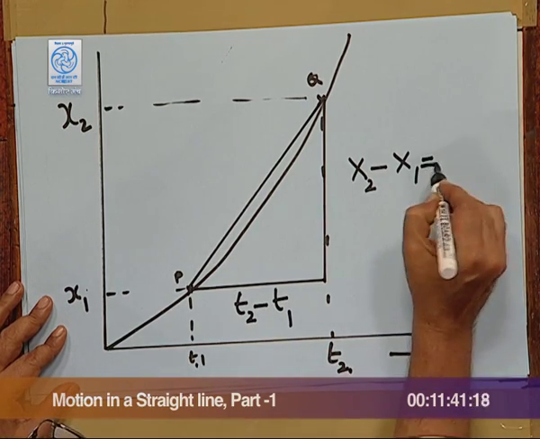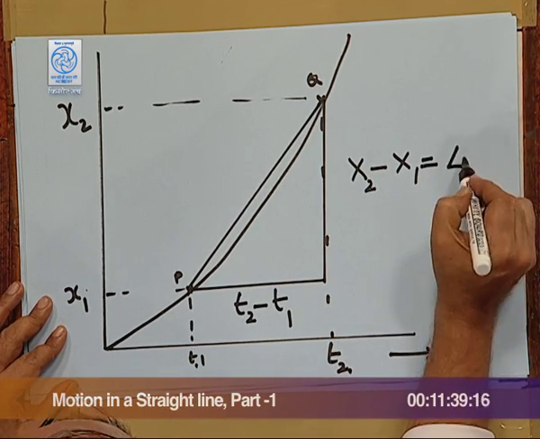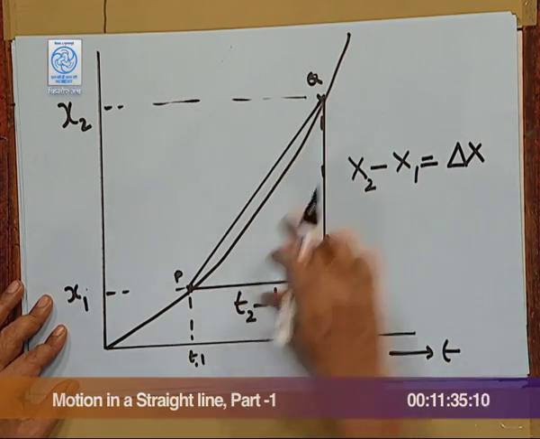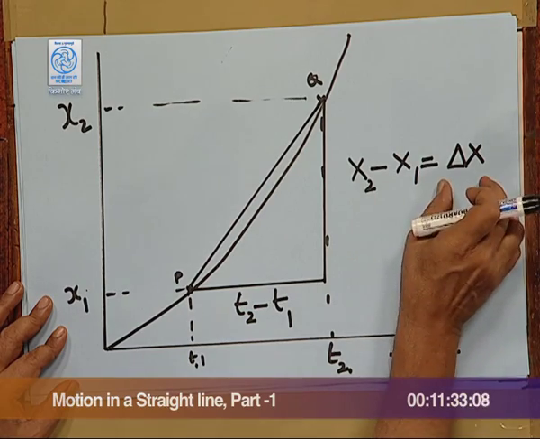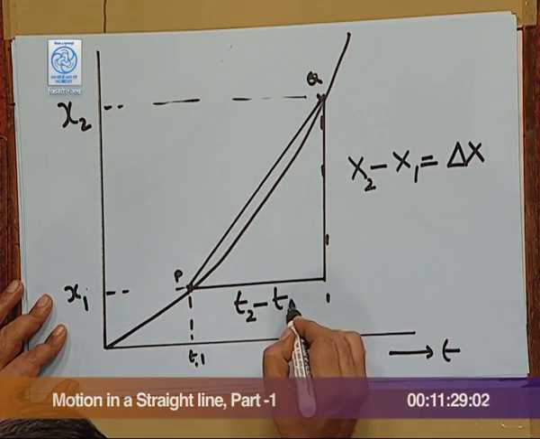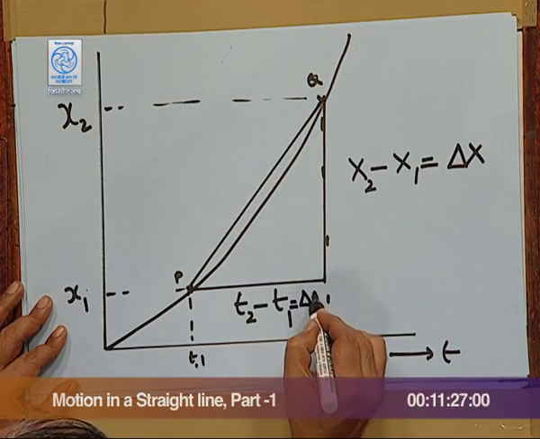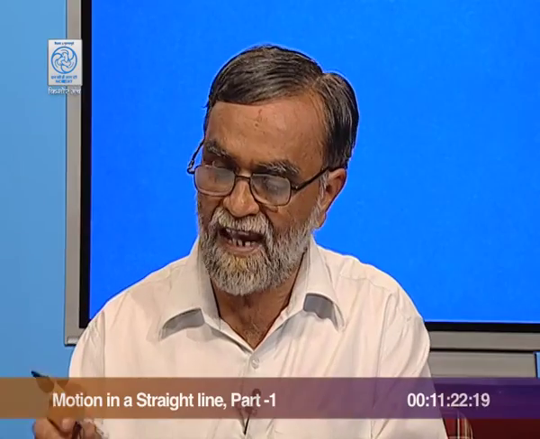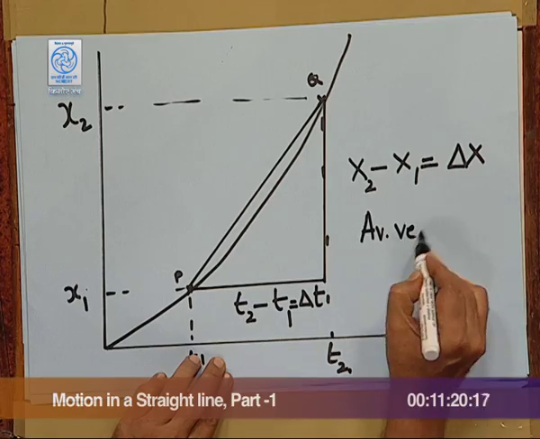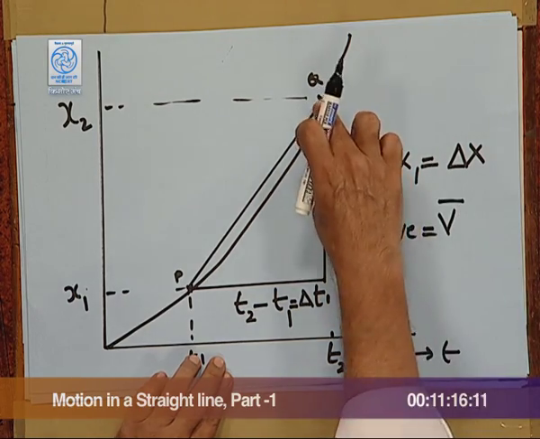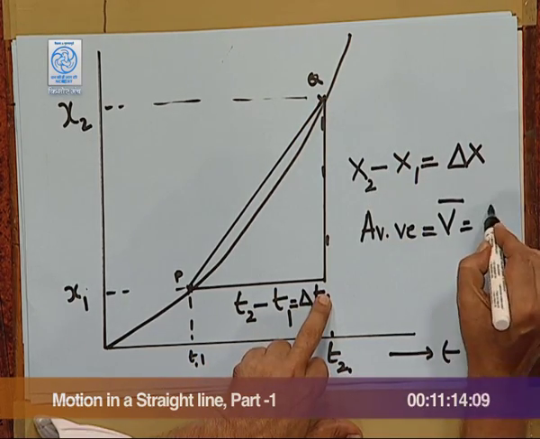Now, x2 minus x1 we have called delta x. Now, in this triangle the height is represented by delta x, and t2 minus t1, which we have called the time elapsed, indicated as delta t here, is represented as the base. When we say average velocity, which is represented by V bar, here we mean delta x by delta t.